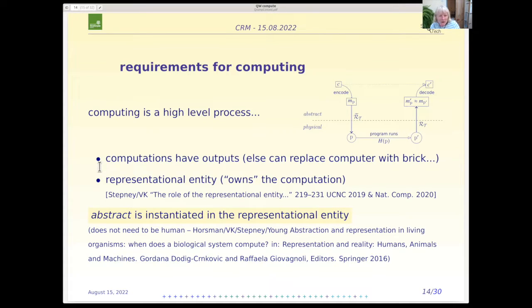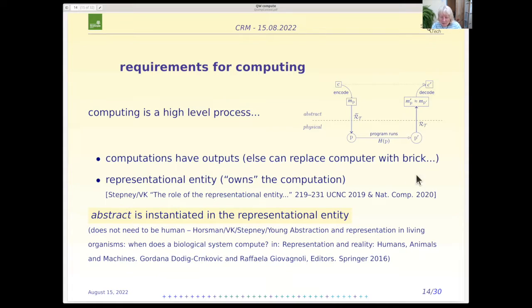There's a few things we can say immediately that are quite useful. Computations have outputs, or else we could replace the computer with a brick that did nothing, right? So some kind of change or dynamics needs to happen, however that's set up. And there is involved in computation a representational entity that owns the computation, that owns the problem that they're using the computer to solve.